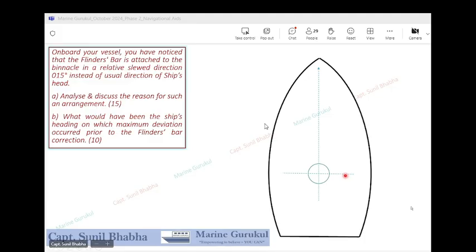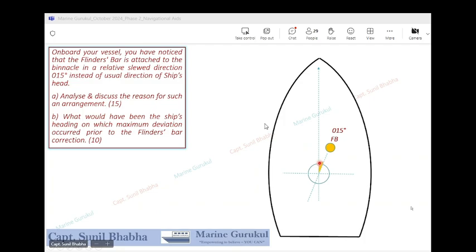Now the question says the Flinders bar is attached to the binnacle in a relative slewed direction of 015 degrees. Now the 015 degrees is basically the relative direction of the Flinders bar with respect to the ship's head. So from the ship's head, if you go 15 degrees, let me show you here in the diagram.